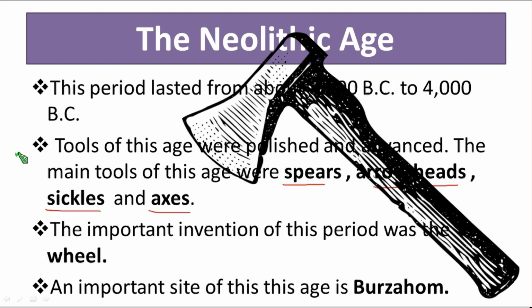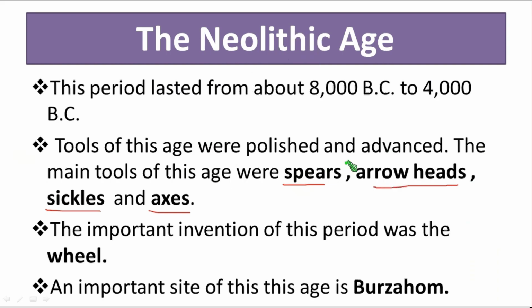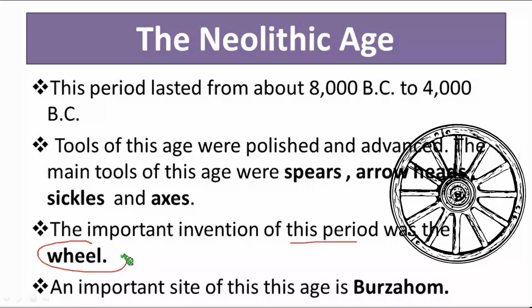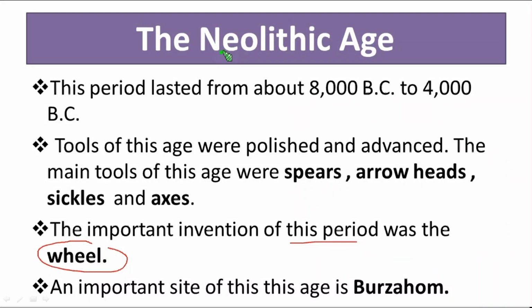Basically, those people were mainly using spears and axes at that time. The important invention of this period was the invention of the wheel. And an important site of Neolithic age is Burzahom, which is situated in Jammu and Kashmir state.